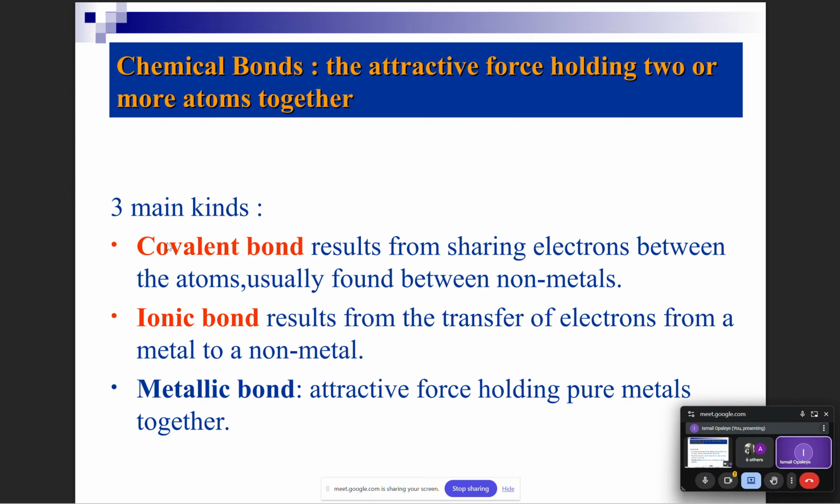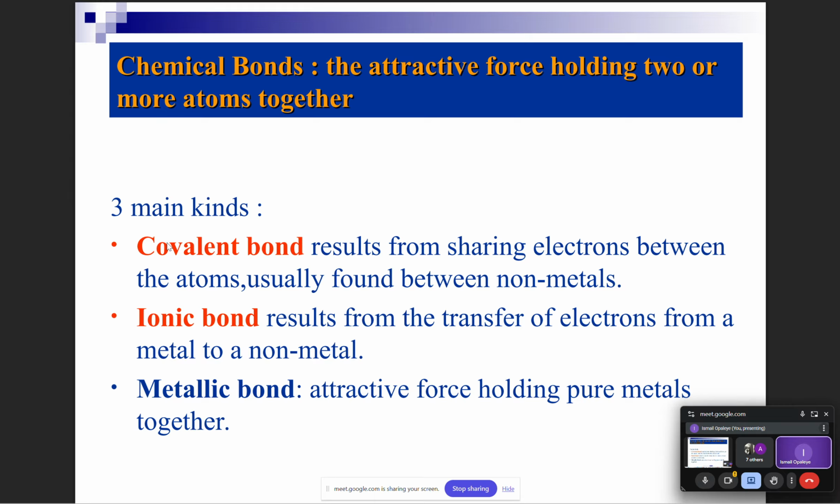That equal sharing or equal distribution of responsibility is kind of synonymous to the equivalent nature. Between these non-metals, one of them is usually considered to be, okay, don't let me go there. We are still going to look at that later in the presentation.